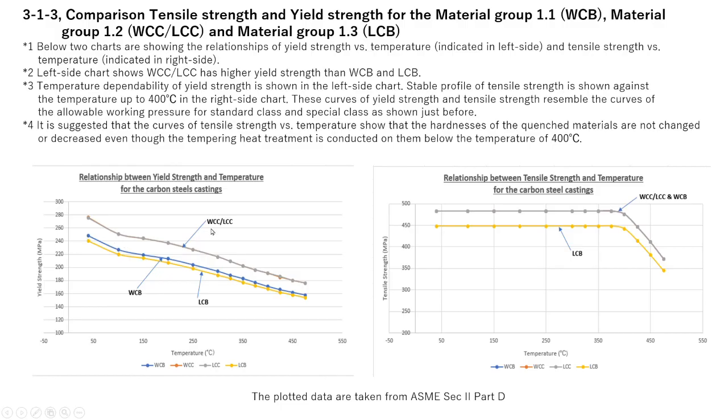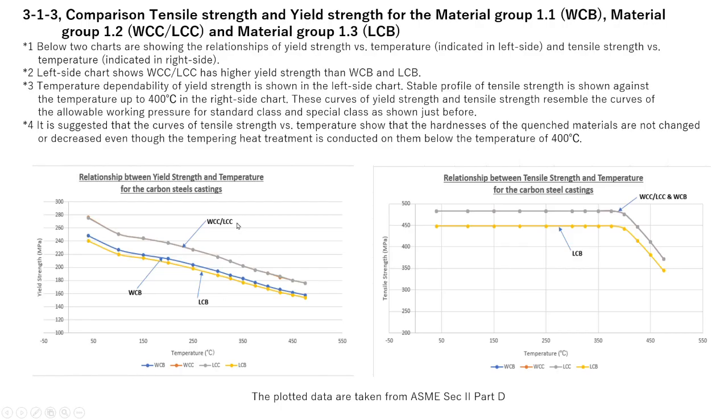WCC and LCC casting materials have the same yield strength value over the whole temperature range, so the curves have the same profile. WCC and LCC have a higher yield strength level than the other two materials.